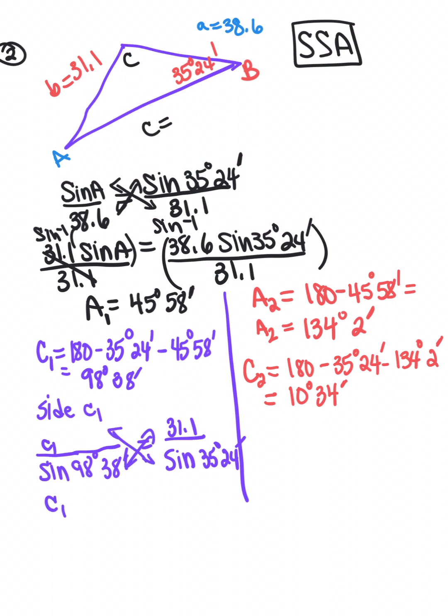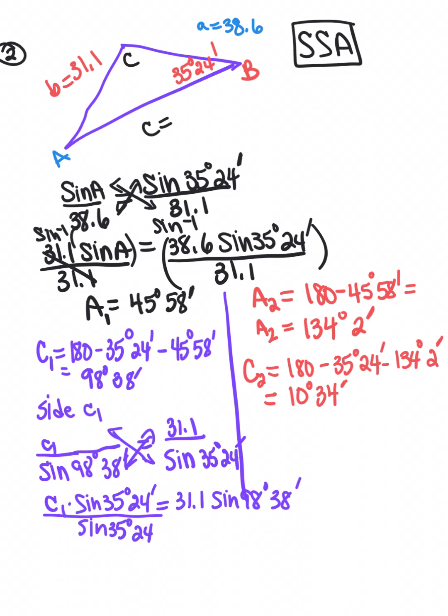So we have C1 times sine of 35 degrees 24 minutes is equal to 31.1 sine of 98 degrees 38 minutes. And when I divide both sides by sine of 35 degrees 24 minutes, I'm going to punch that in all at one time. C1 is equal to 53.1. It says round to the nearest tenths.